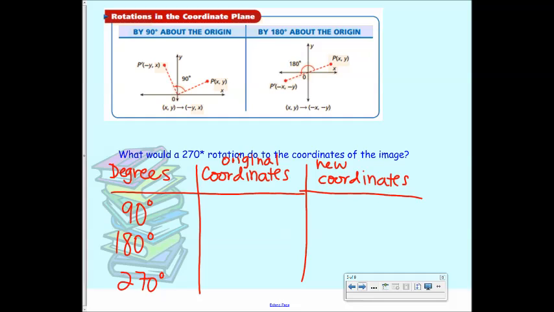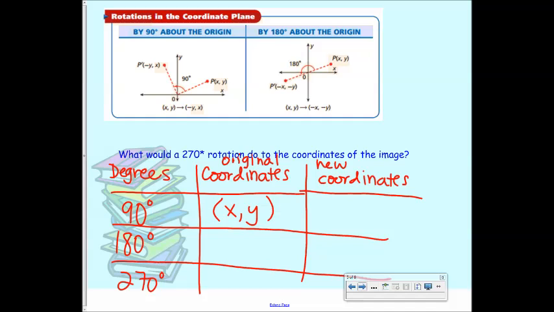Again, why don't I put 360? Yeah, that means where's your shape? Back to where it started, so you don't really care about it, right? Okay, so all of our originals, we just consider x, y.